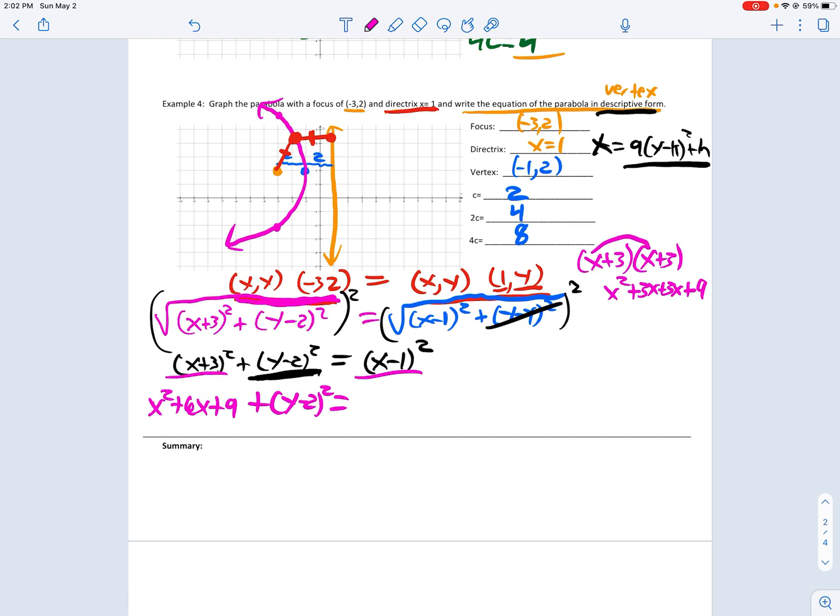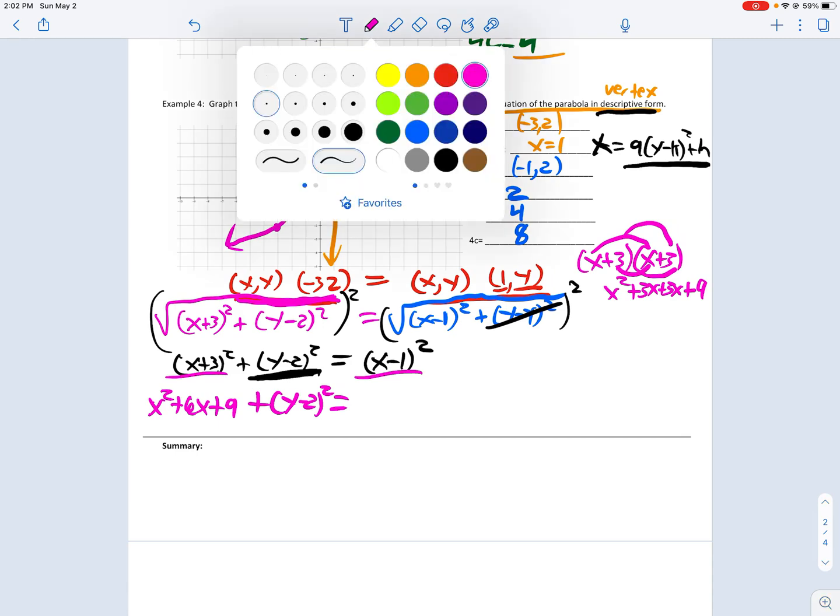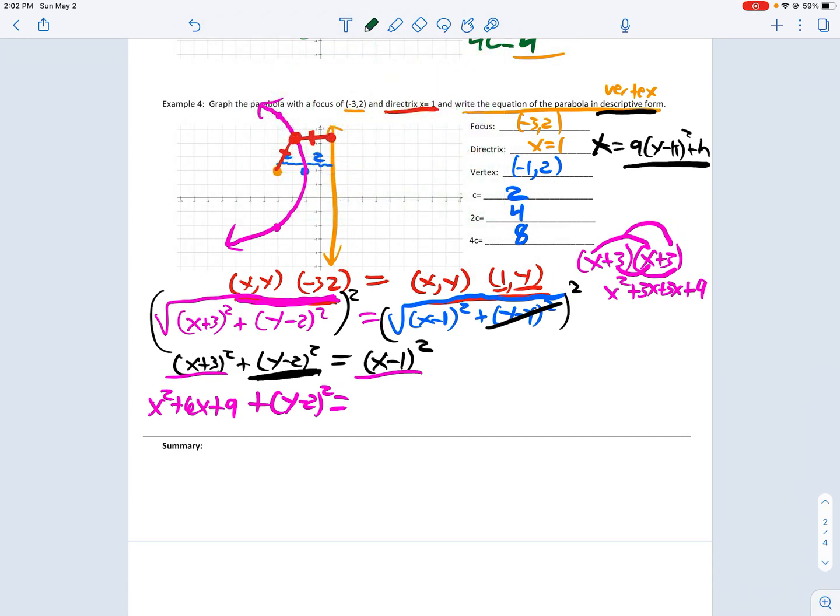I know I'm doing that kind of quickly, but I expect you guys, you can pause it and FOIL it out. I expect you guys to be able to do that. And then x minus 1 times x minus 1. X times x is x squared, minus 1x, minus 1x, and then plus 1. So x squared minus 2x plus 1.